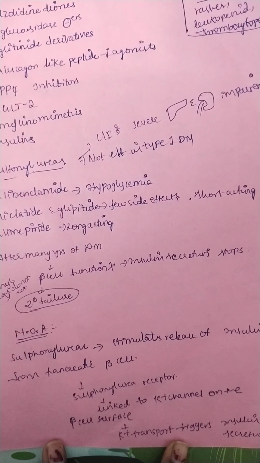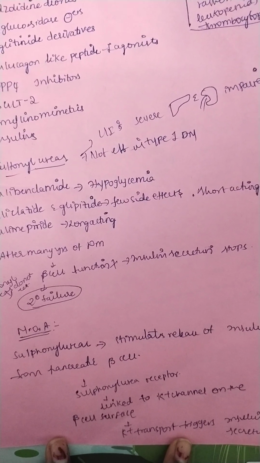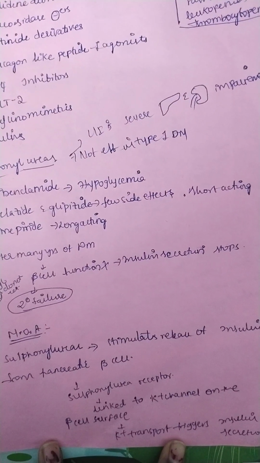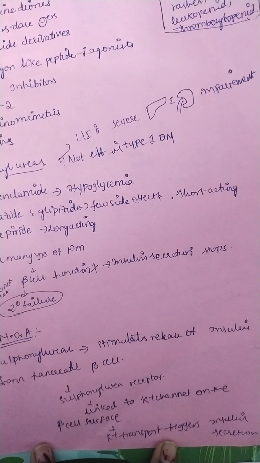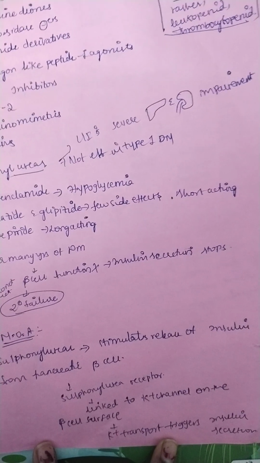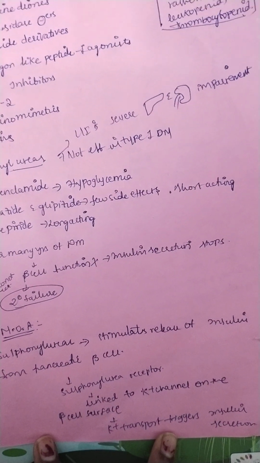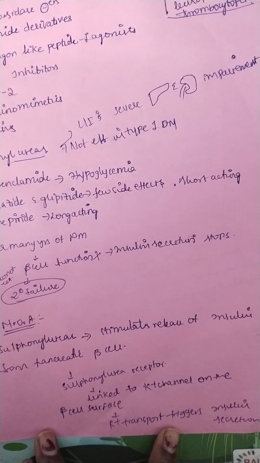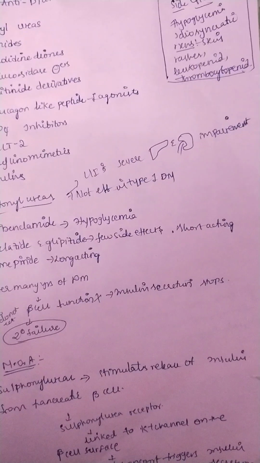They act on the sulfonylurea receptor, which is linked to the potassium channel on the beta cell surface. After the closing of this channel, potassium transport is affected, which triggers insulin secretion from the beta cells.